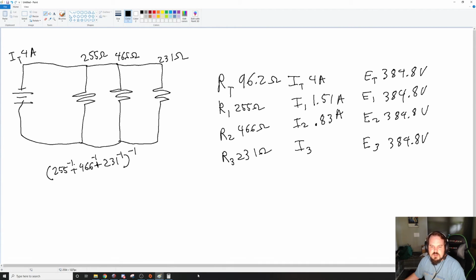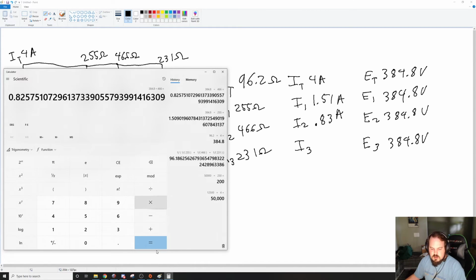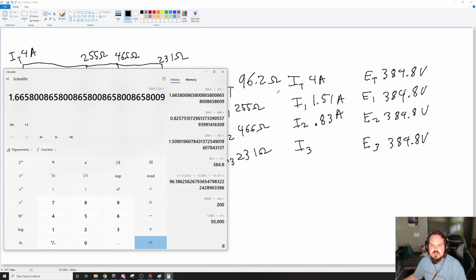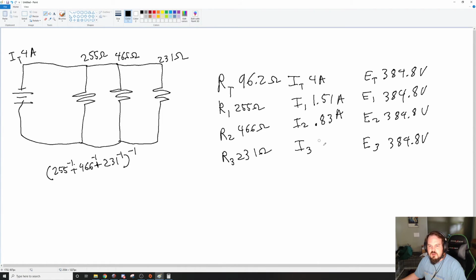Those are both amps. And then 384.8 divided by 231 is 1.665, so I'll do 1.67.